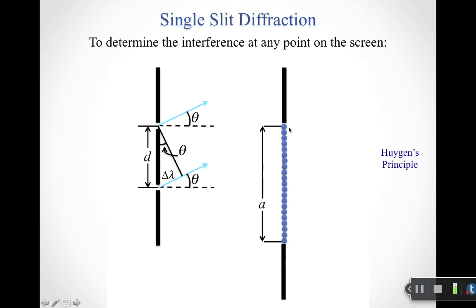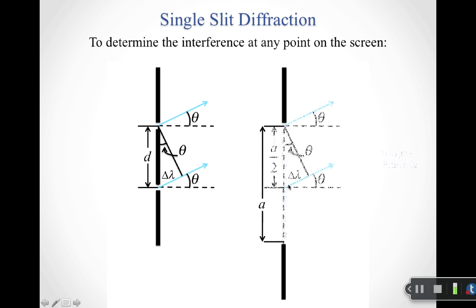And so what we're going to care about is how the waves generated by points up here interact with points that are generated down here. It works out that what we're interested in is what's going on halfway down the slit.